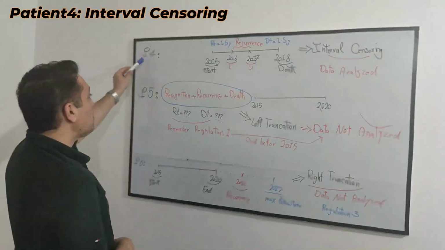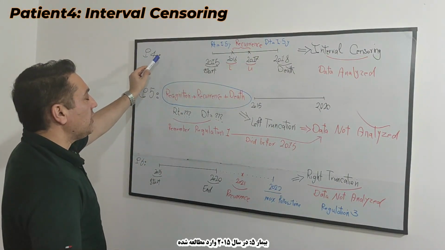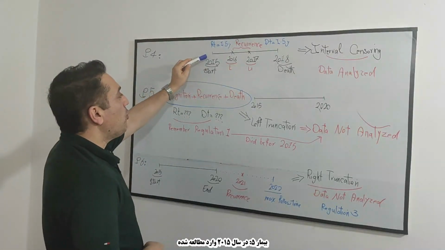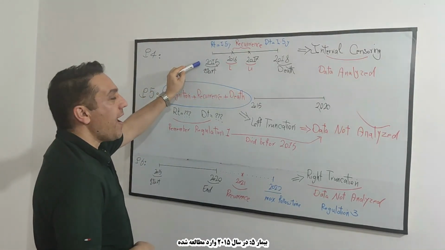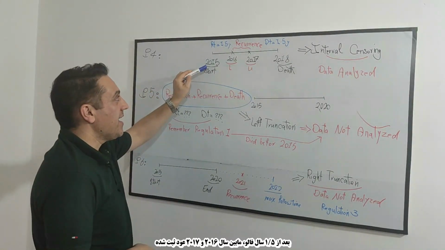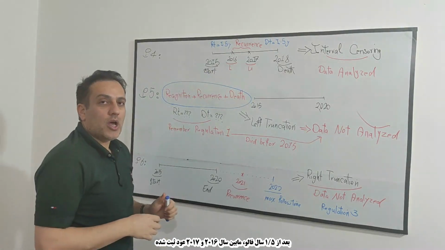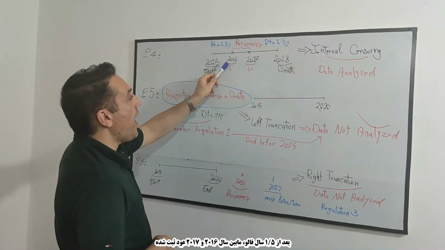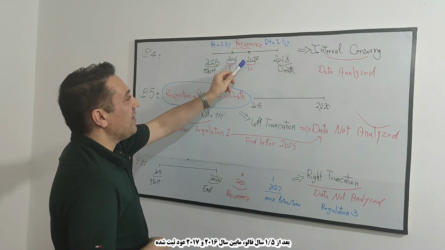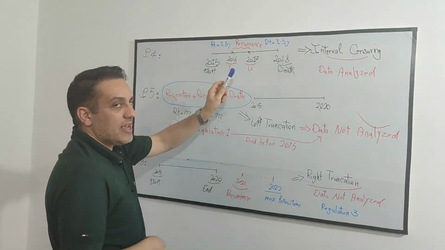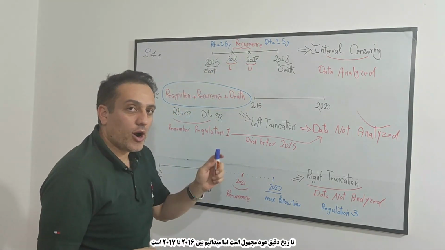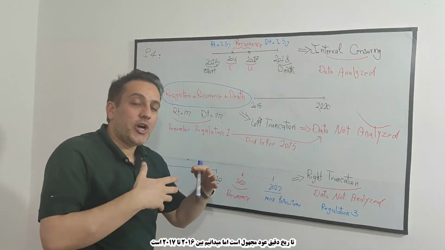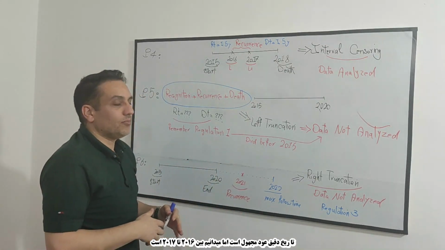But patient 4 is a patient that entered the study in 2015 and was followed 1.5 years, and between 2016 and 2017 has a recurrence, but we don't know the exact and real recurrence time.